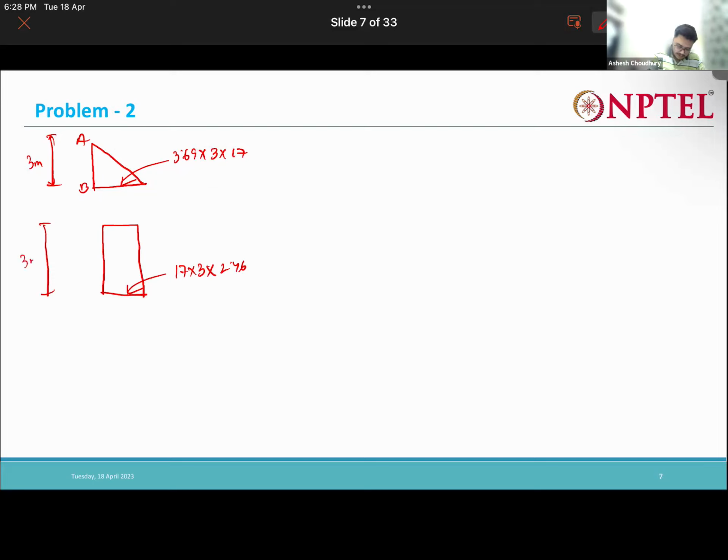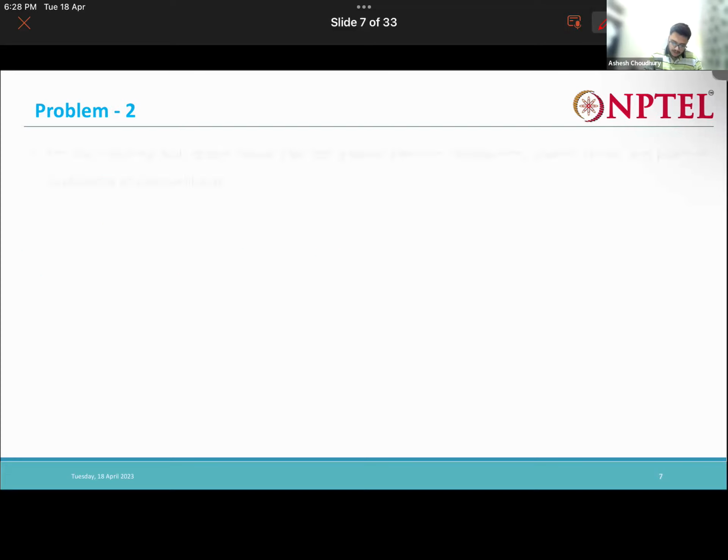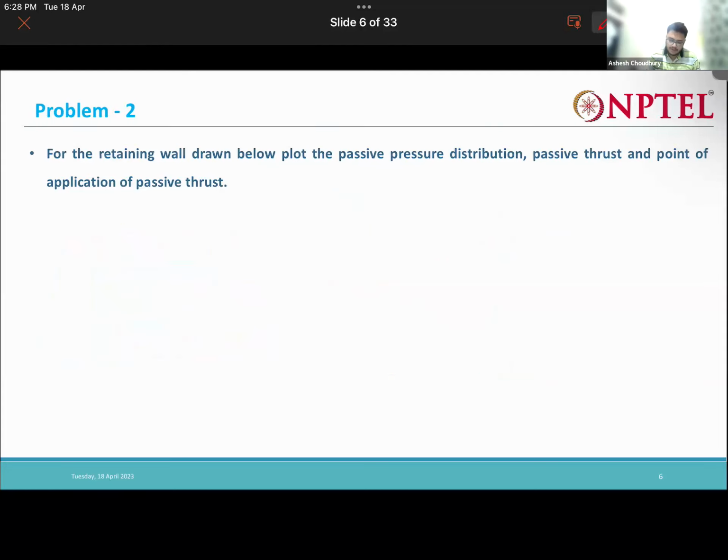This will be one part, and what will be the other part? 2.46 into 3 into the submerged unit weight: 20 minus 9.81, 10.19.